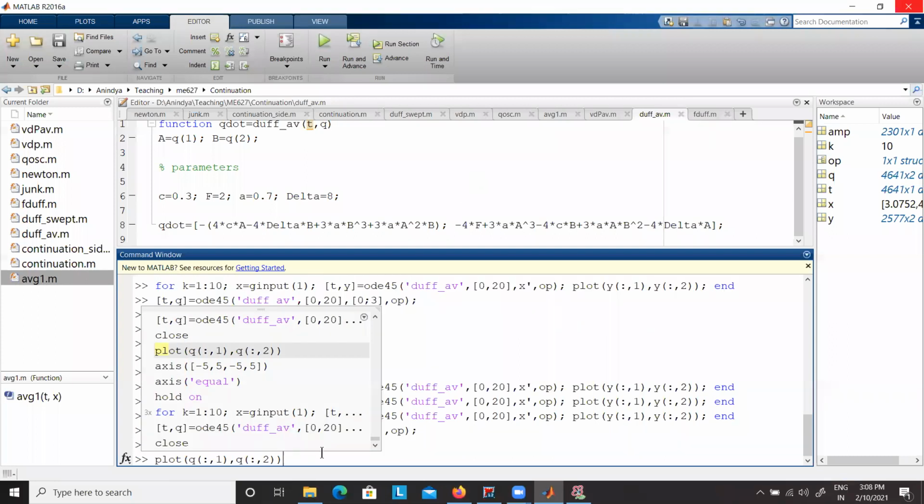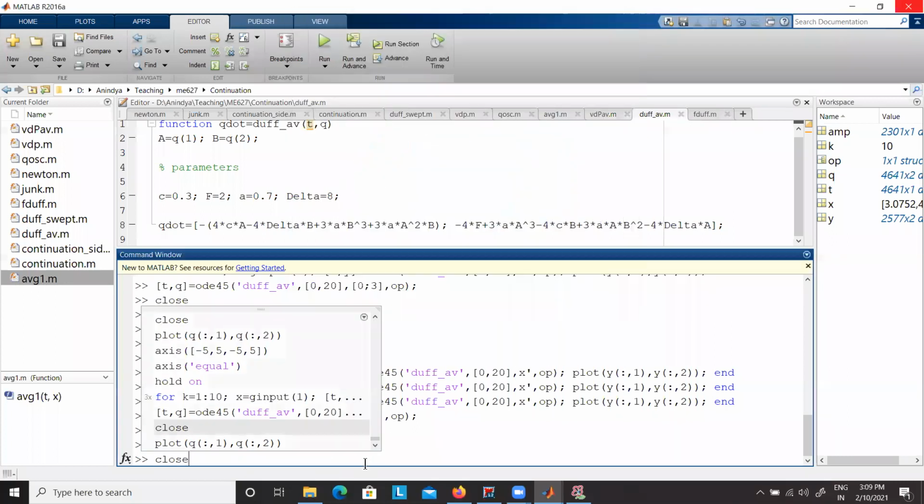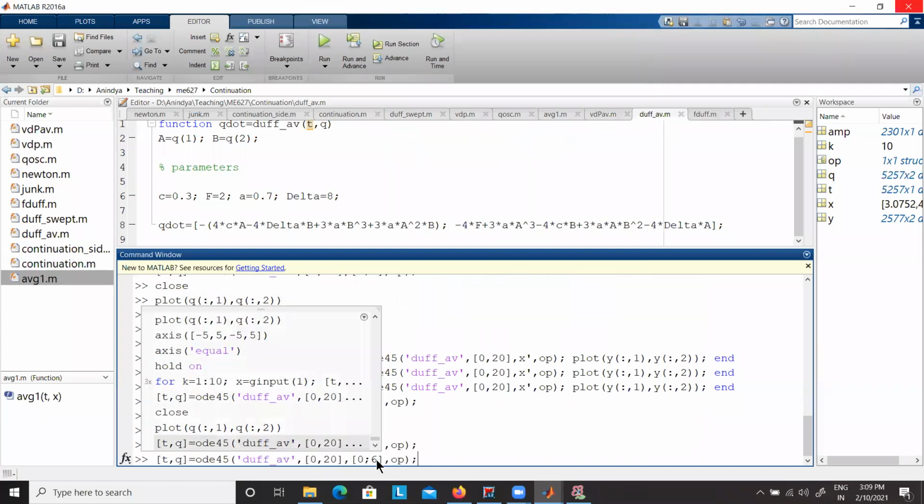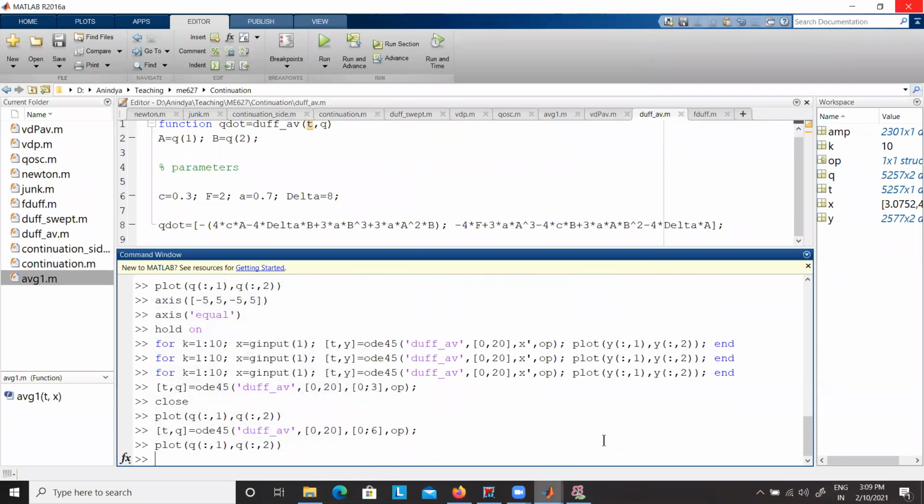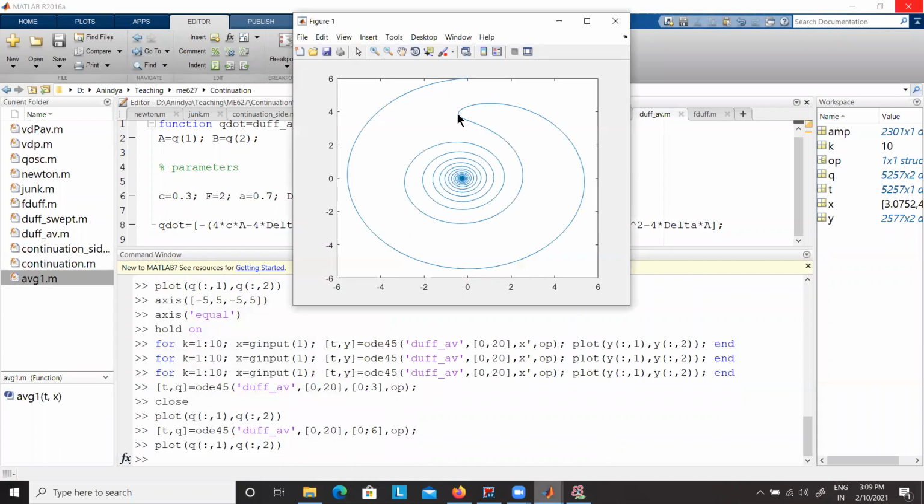So maybe I should use a larger value. Some issue is there, but over here we are not seeing anything. Maybe I will use 7. 6.